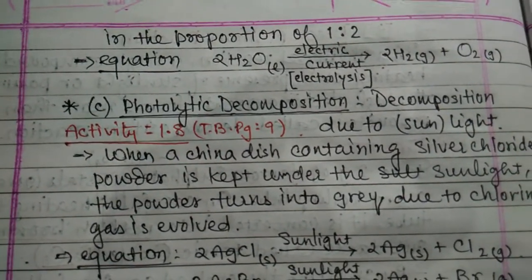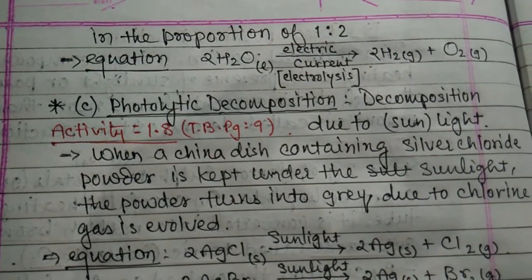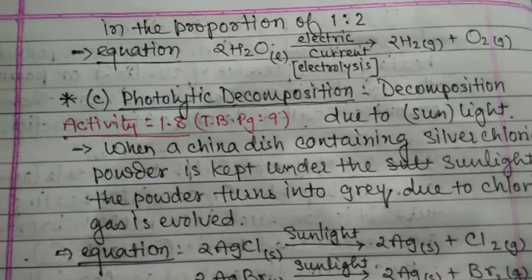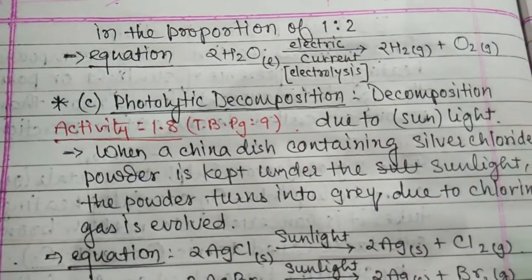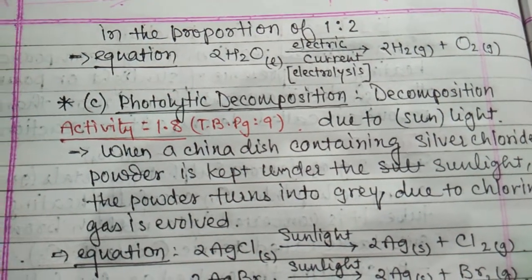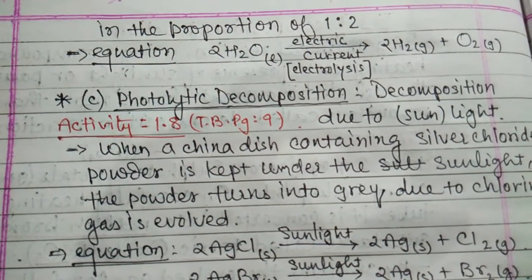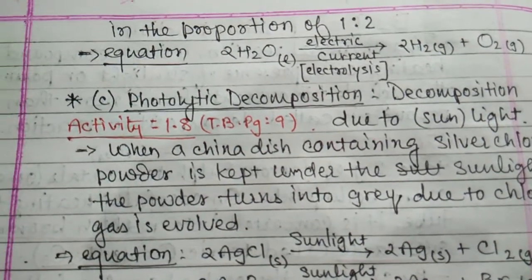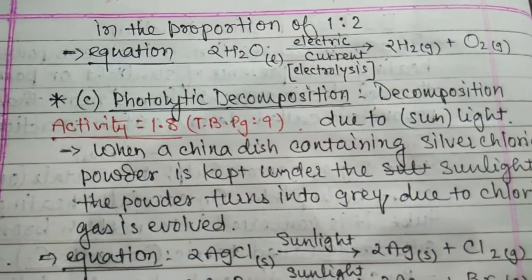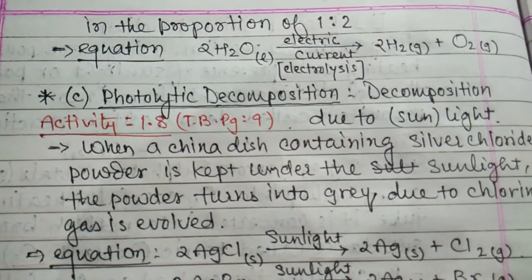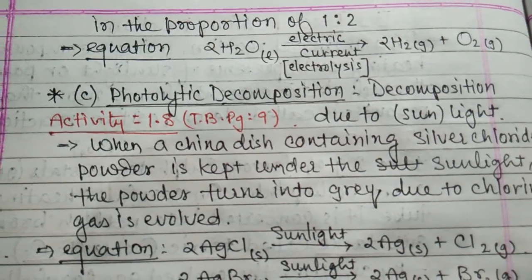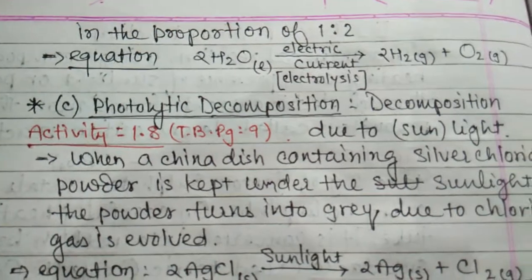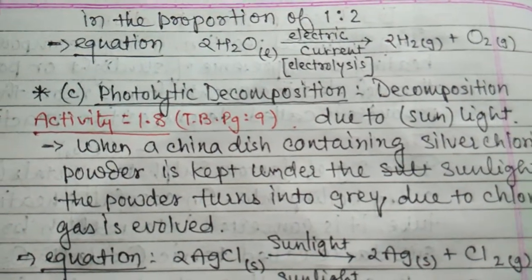So the gas collected in one test tube is half of the gas collected in the other test tube, which is double. It is hydrogen. So oxygen and hydrogen are in the proportion 1:2. Two times the hydrogen, one time the oxygen.